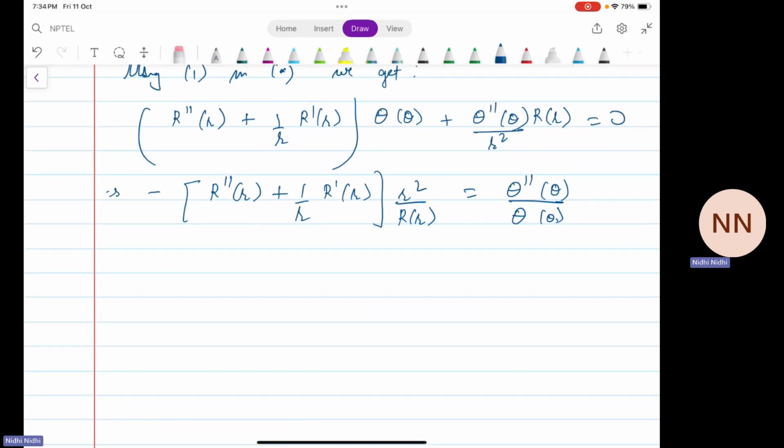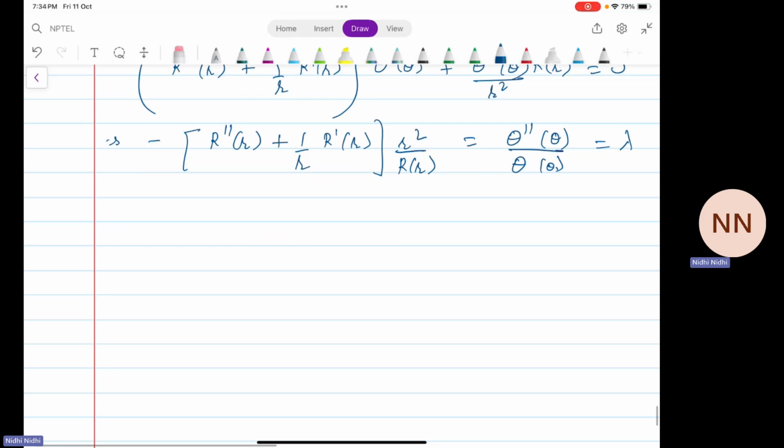So now on the left hand side we have a function in r, whereas on the right hand side we have a function of theta. Since these both are equal, they must be equal to some constant lambda. So this gives us r squared r double dash plus r r dash minus lambda r equals 0.